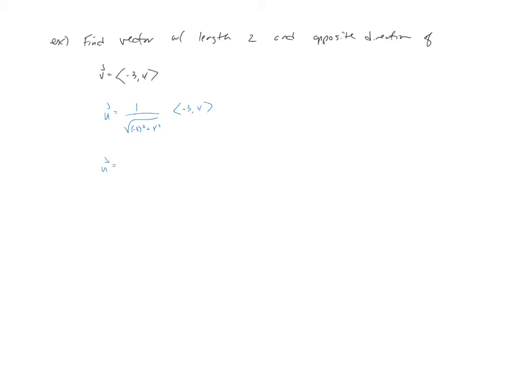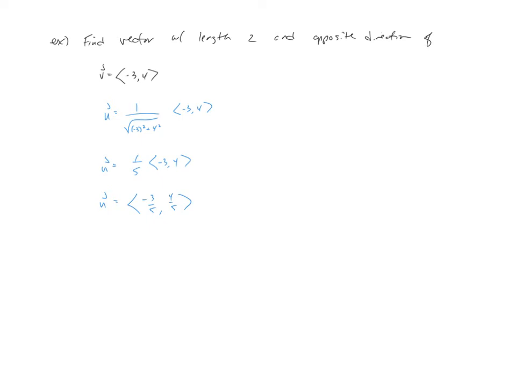So u looks like that's going to be a 1 over 5, since that's going to be a 9 plus 16 would be 25. Square root of 25 is going to be 5. So we have our 1/5 there, and that's going to be multiplied by our -3, 4 vector. So we've got a -3/5 and a 4/5 for our unit vector.